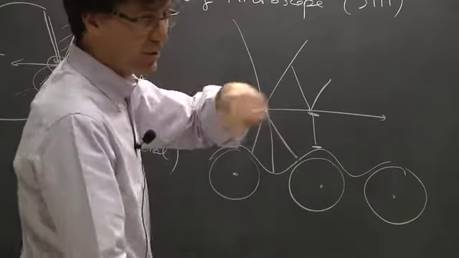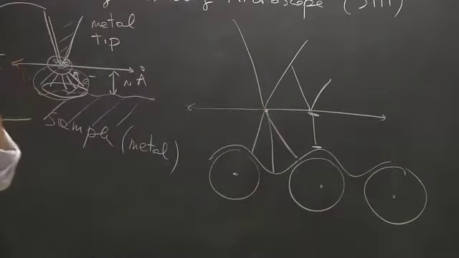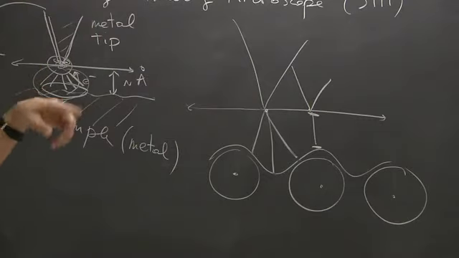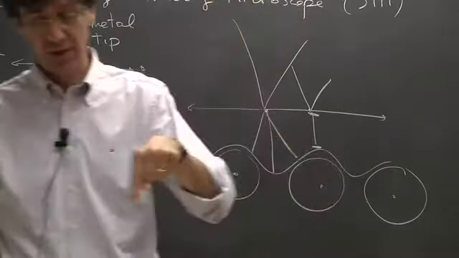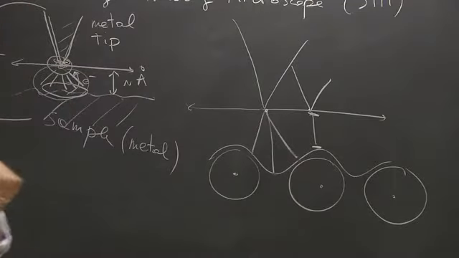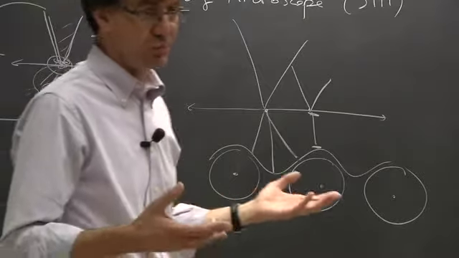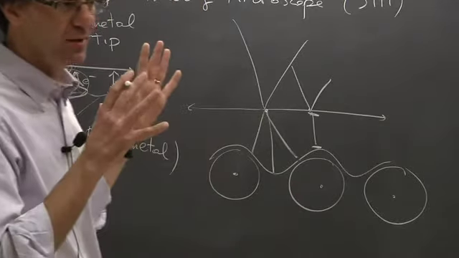So if you now record your current as a function of position, you will see huge oscillations in your current. In other words, you'll be able to map the local topology of your sample. In other words, you'll be able to see a picture, to take a snapshot of the surface of a material.